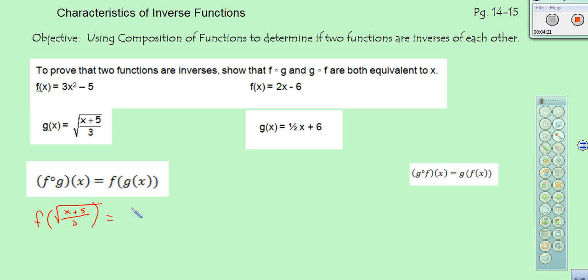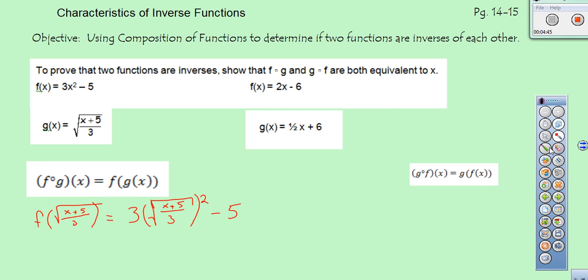And that's going to be equal to 3 times the square root of x plus 5 over 3, squared, minus 5.